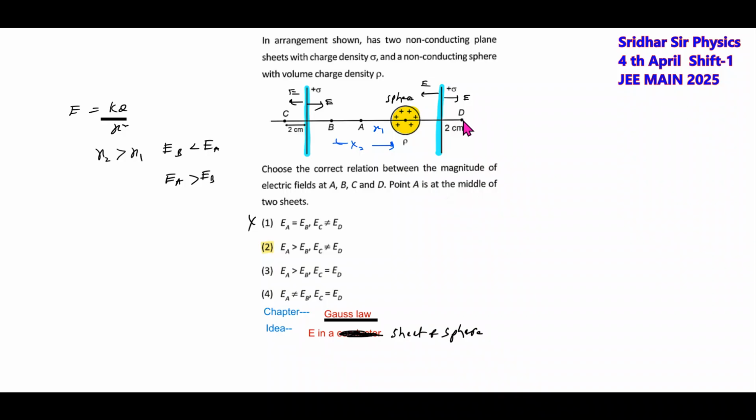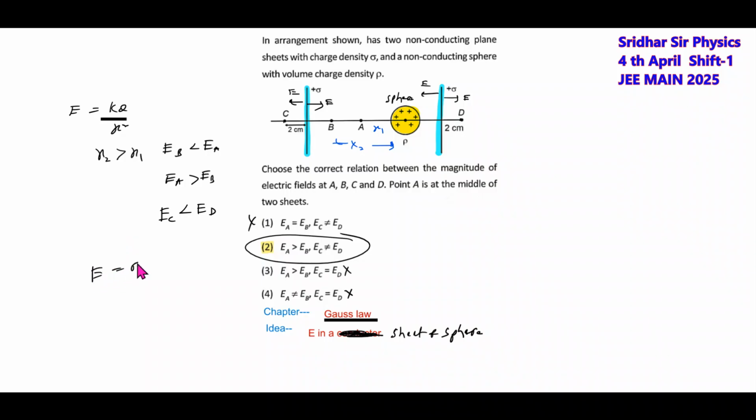It will produce more field at D than C, because the field strength at D due to this line of force will add up. Due to this sphere, it will be in this direction. Field strength at C due to this line of force will add up, but the sphere's contribution will be less. So EC will be less than ED. So EC not equal to ED. These two are ruled out. So we'll pick up only this option.